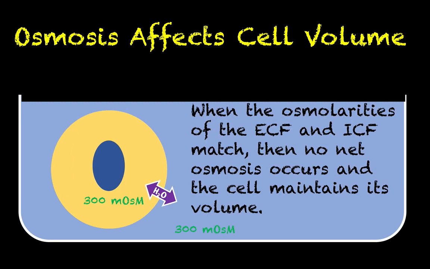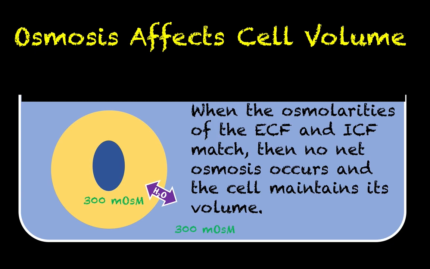So as I said, osmosis is not usually something that we want to happen to most cells under most situations, and for that reason, body fluid osmolarity is typically something that's kept under very tight regulation to make sure that it doesn't get too far off the set point of 300 milliosmolar. So the desirable situation we will want for most cells in the body is what is illustrated here.